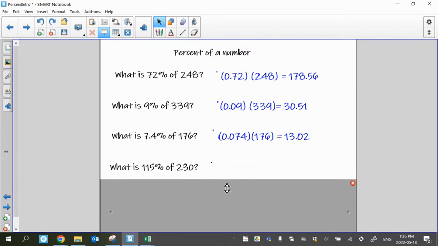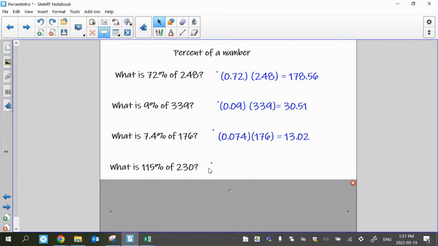Now, what about when the percent that we're finding is greater than 100? Well, the process is the same. We convert the percent, in this case 115, to a decimal form. And we do that by dividing it by 100, like we've been doing here. And alternatively, we know that is equivalent to moving the decimal point two places to the left.